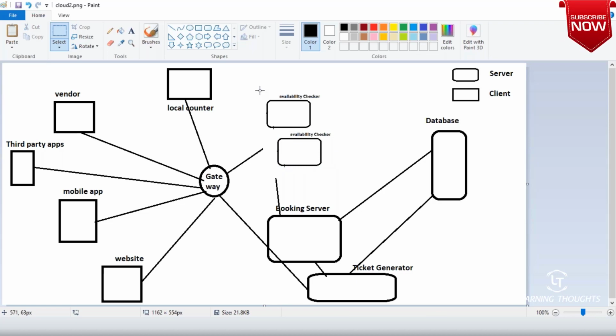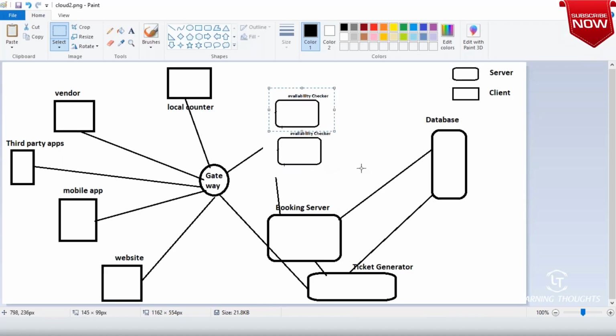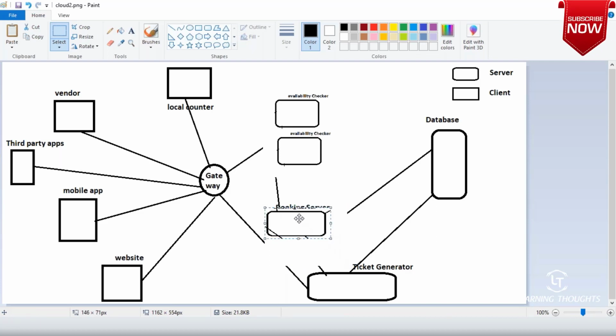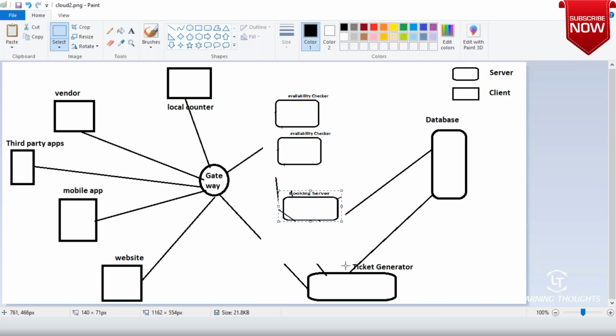And rather than having one booking server, you might have two booking servers.